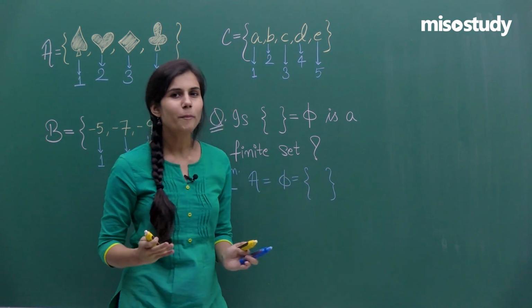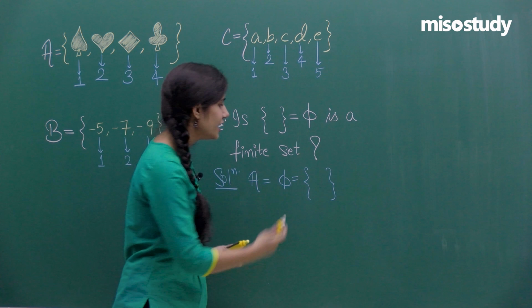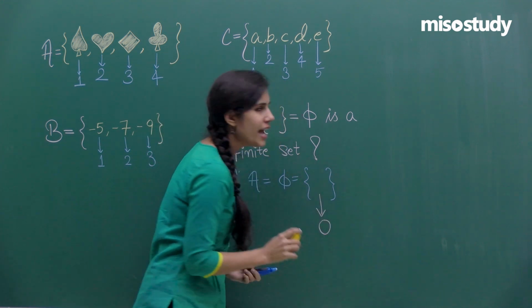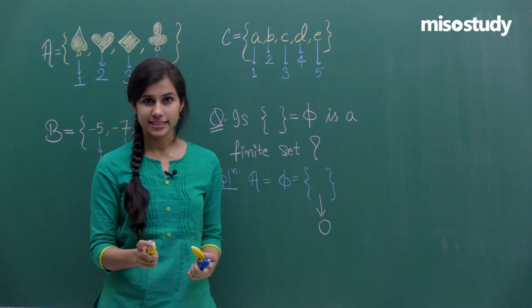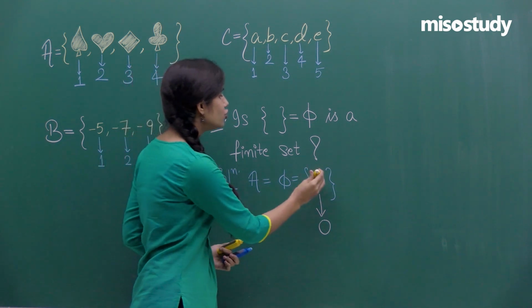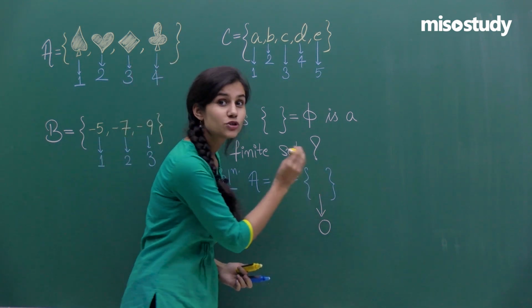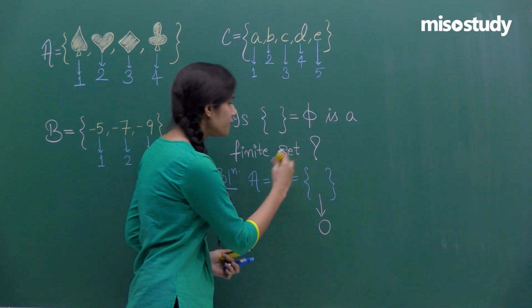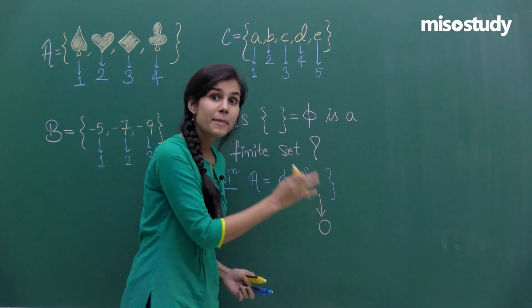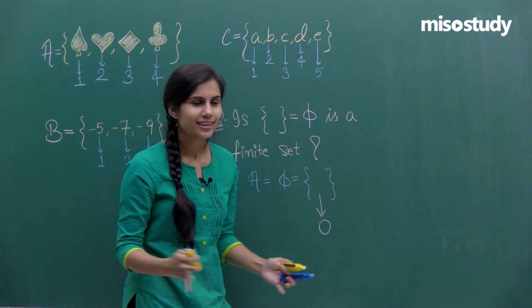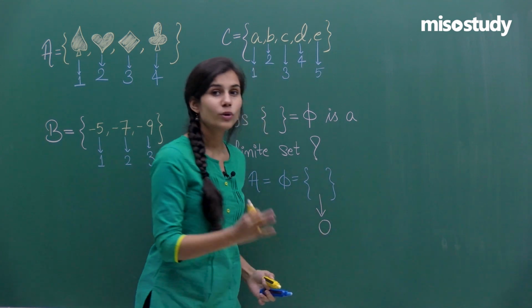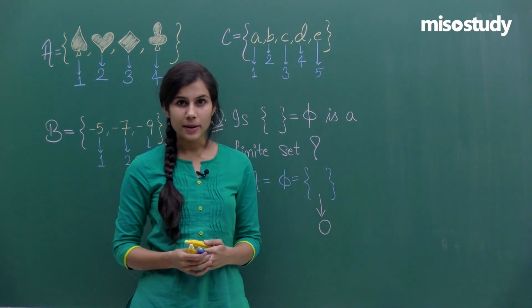But if you go by your intuitive energies, you will understand that this set has 0 elements inside it. This has just nothing, which means it has 0 elements. And therefore, we are able to list the members, which is nothing, with the help of not a natural number, but a number which actually stops the process of labeling.